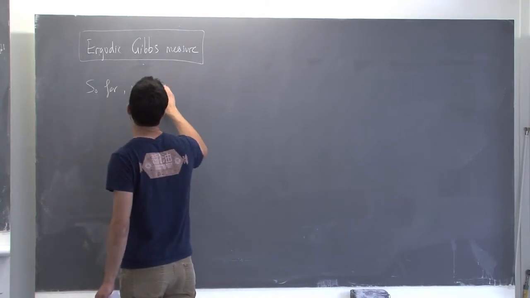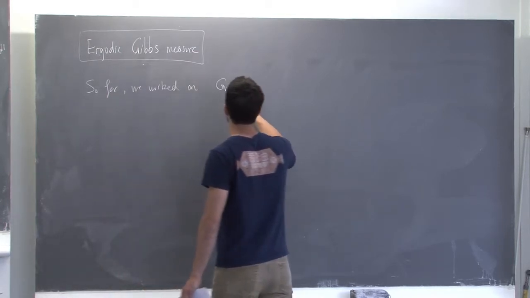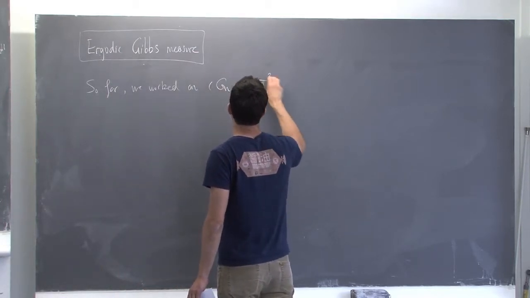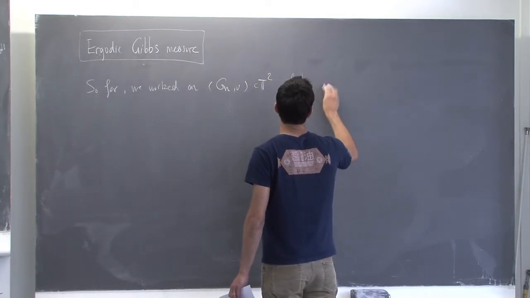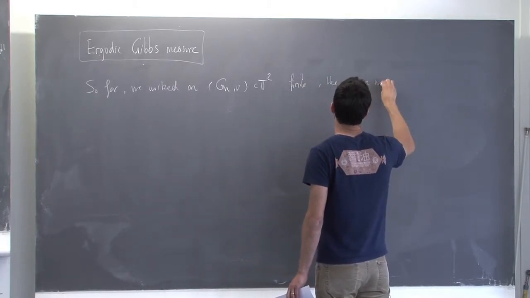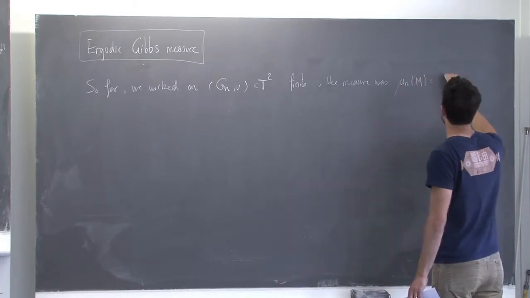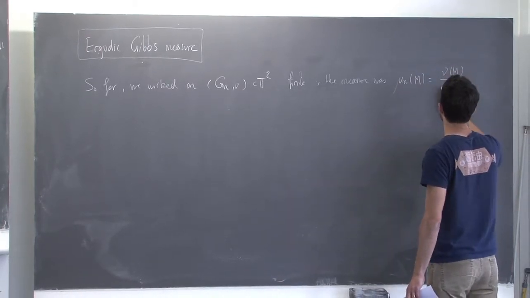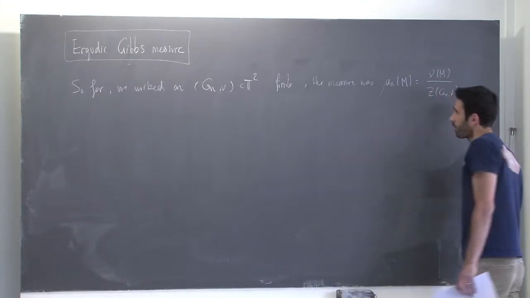So far, we worked on, let's say, G_n mu torus, which is a finite graph. And then the measure is easy to define. We just took the product of the weights, and then we divided by the partition function, this is completely fine.